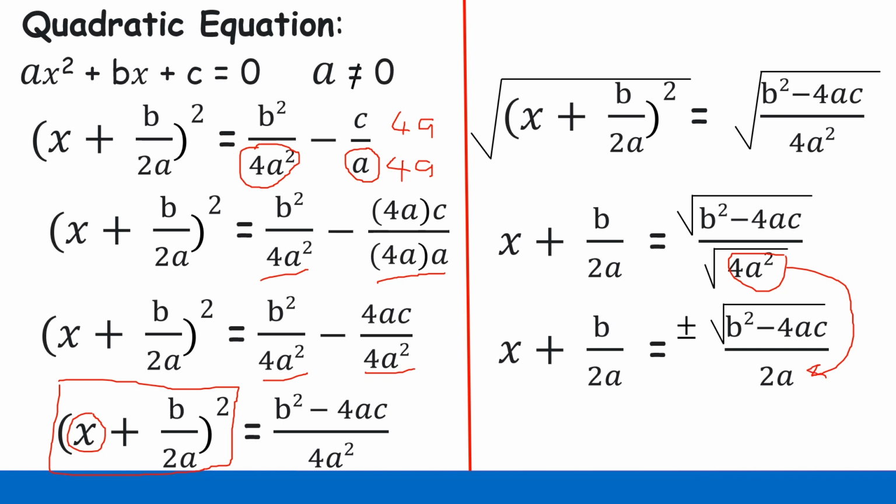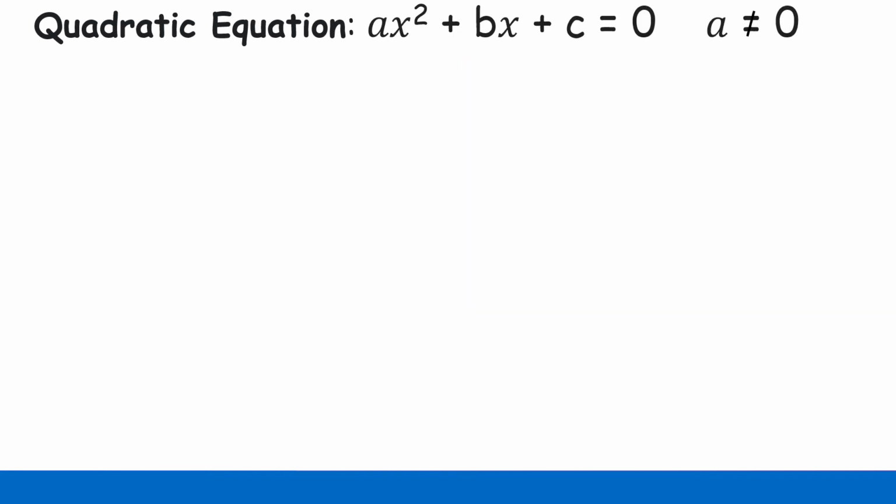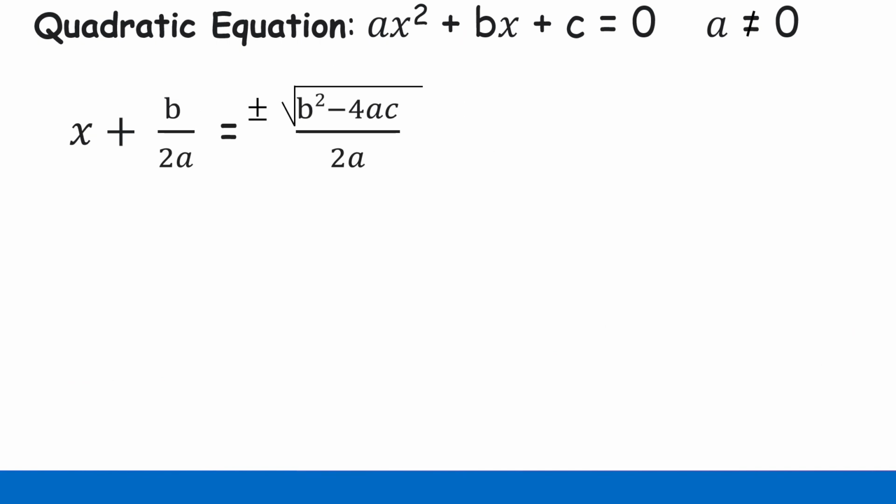So we have x plus b over 2a equal to plus or minus square root of b squared minus 4ac, all divided by 2a. So what we have done is to arrive at the expression x plus b over 2a equal to plus or minus square root of b squared minus 4ac all over 2a.